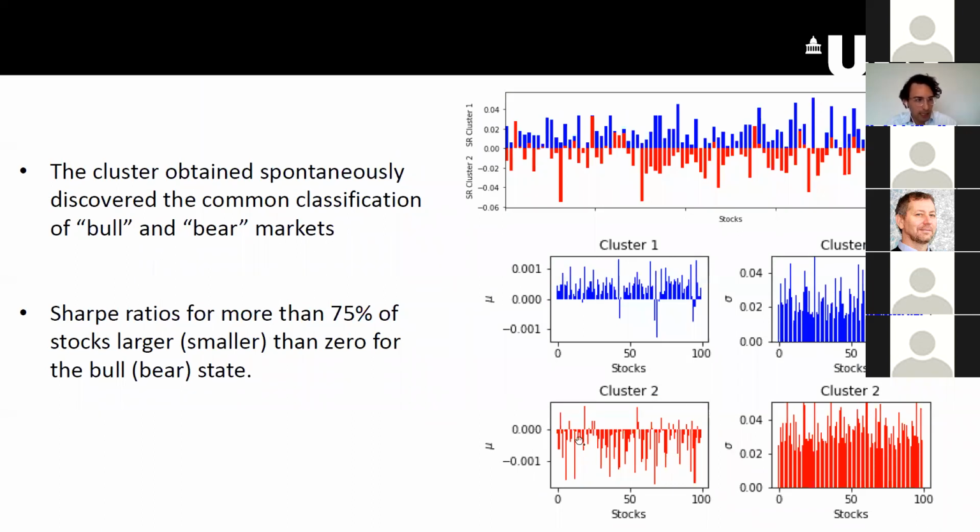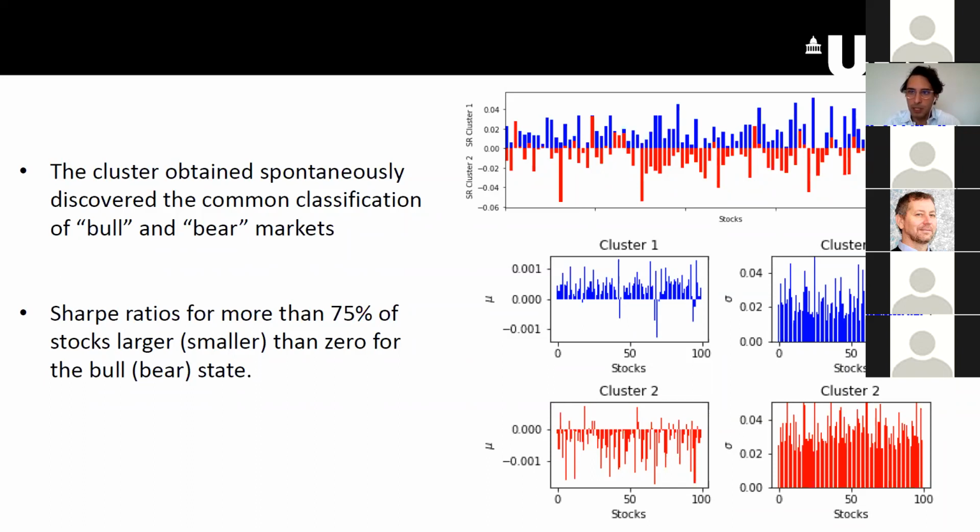And the second cluster has mostly negative means and higher variances, standard deviations. So our 2 clusters are intuitive, they make sense, they correspond to something that we do observe in the market, and they are time consistent.